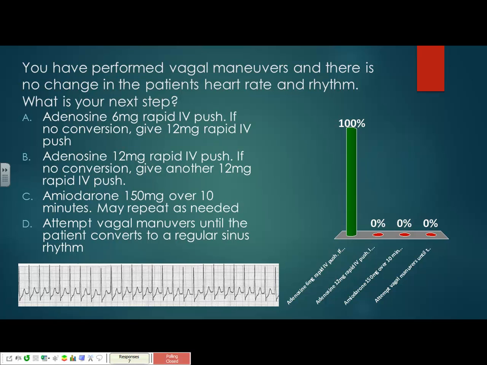Then we're going to find our next luer lock and hook our fluids up to it. I'm going to have them close by, and as soon as I get ready to push that adenosine, I'm pushing that fluid right behind it. I'm going to have my top clamped off. I'm going to push, push, and get it in real quick, all right?